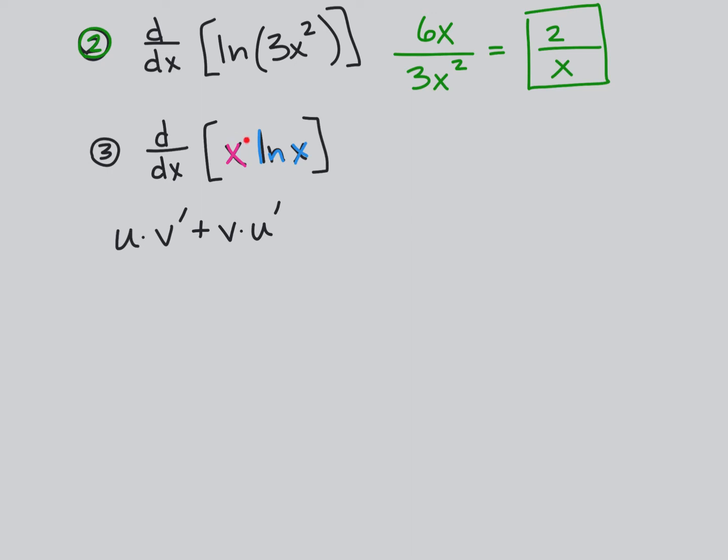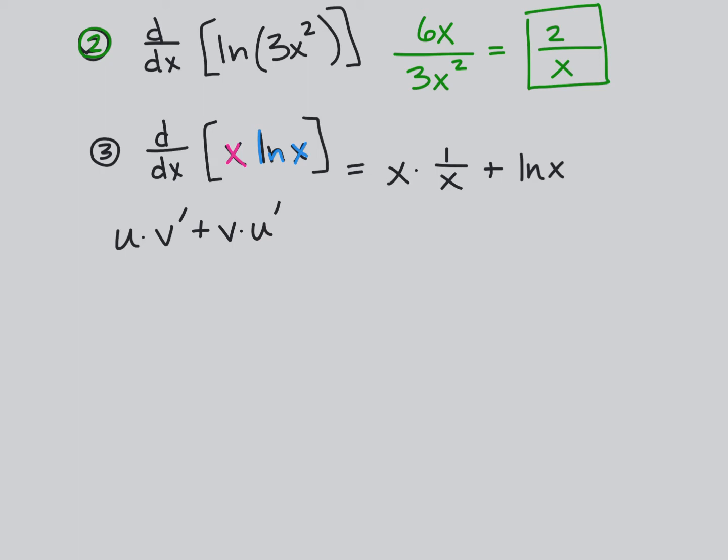So I'm going to take the first, our u value here is x, and our v value here is ln x. So first we're going to have x, then we need to multiply by the derivative of the natural log of x. The derivative of the natural log of x is 1 over x, plus our second term, v, the natural log of x, times u prime here.